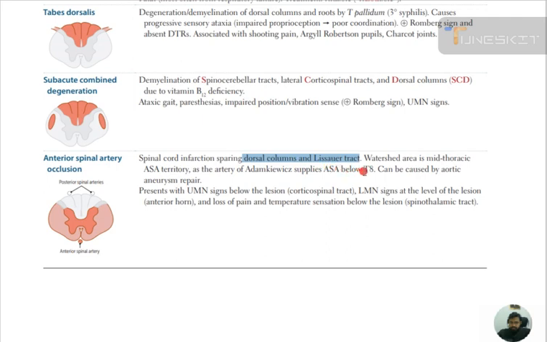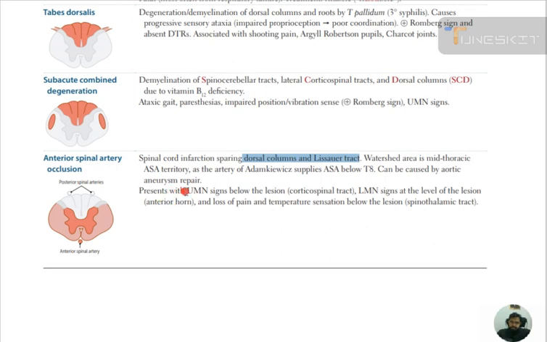So ASA below T8, the anterior spinal artery below thoracic level 8, is involved in this. It can be caused by aortic aneurysm repair.